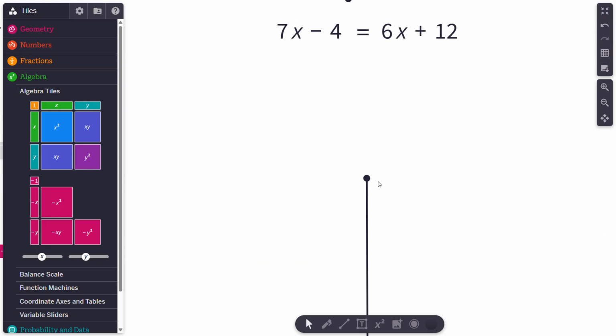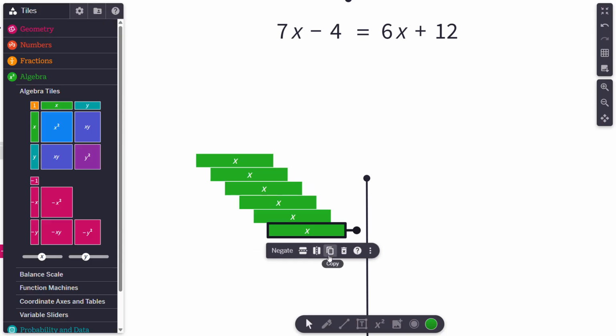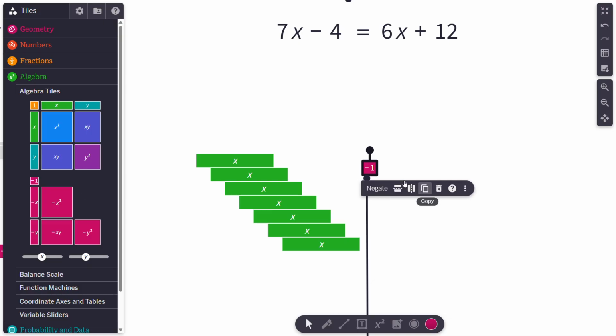We're halfway there. This is a lot faster than the first video, I promise. We have 7x minus 4 equals 6x plus 12. So let's get these 7x's in here. 7x. And then get these minus 4's in there.